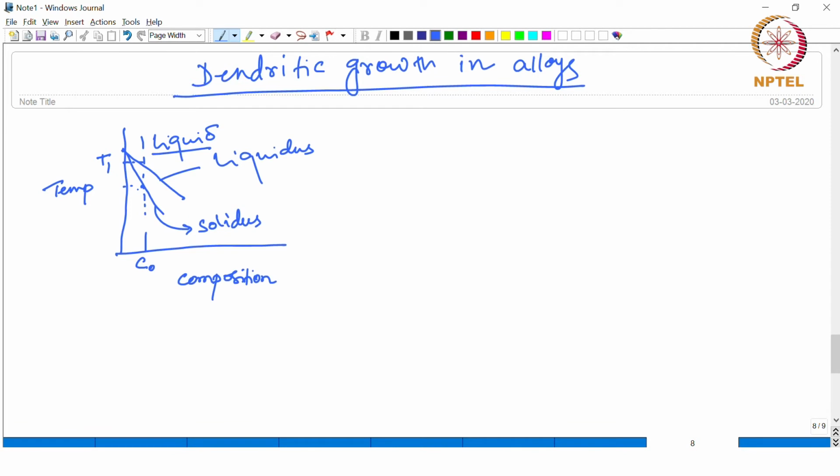So, T1 is the liquidus temperature in this case, and as it is lowered the solid comes. So, this is the solid plus liquid state, which is in the middle in between these two curves. So, that means here both the solid and liquid will coexist, which is a state known as a mushy state.